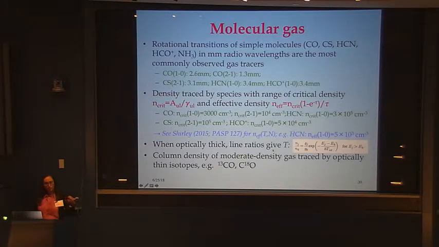From line ratios: if you look at an optically thick species, the line ratios tell you the temperature. For the column density, you can either hope that you've calibrated for optically thin tracers or thick tracers, or you can use optically thin tracers to get the total column density.